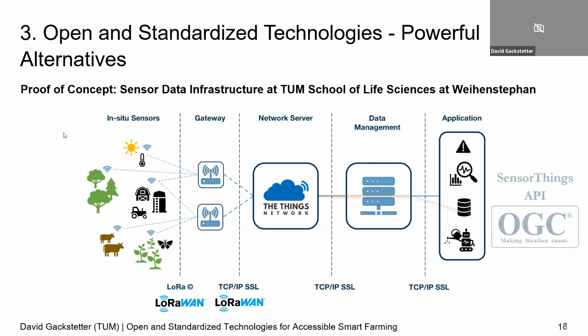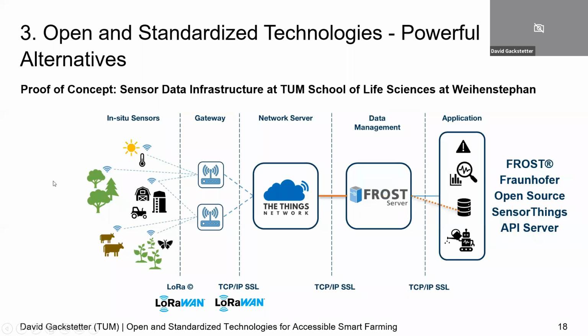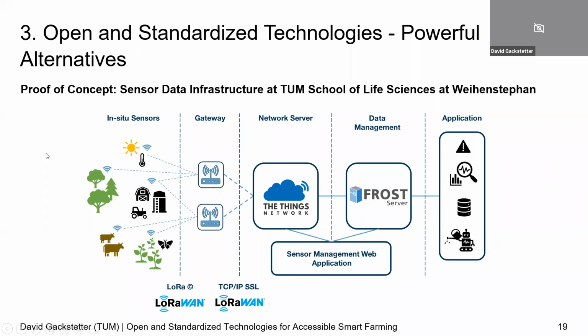Everyone can host it him or herself. And for the data management, we're using the SensorThings API and the corresponding implementation of this, namely the FROST server, the Fraunhofer open source SensorThings API server, to manage, organize, and share the data.